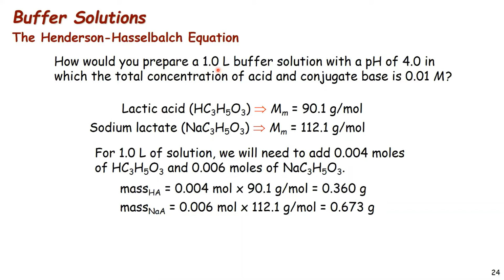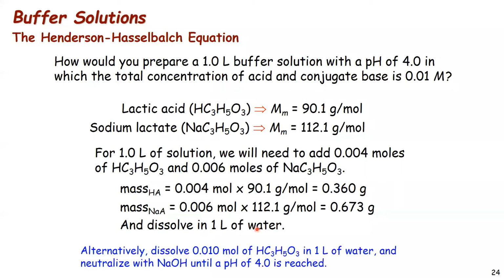We're going to mix it up. Now the flask is likely going to become warm. We'll let it cool down, then fill it up to the 1 liter mark and finish mixing it off. And now we have 1 liter of a buffer solution that has a pH of 4.0. So again, we dissolved it all in 1 liter.